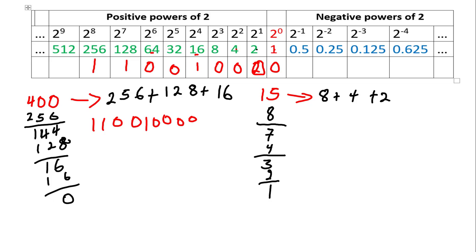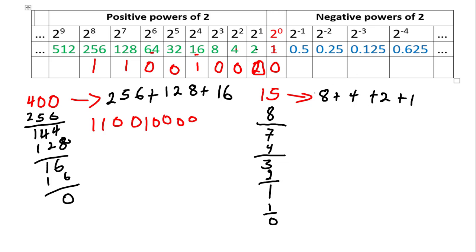And then comparing 1, we have 1 in the table, so plus 1. 1 minus 1, 0. Let's sum up. 8 plus 4, 12, plus 2, 14, plus 1, 15.